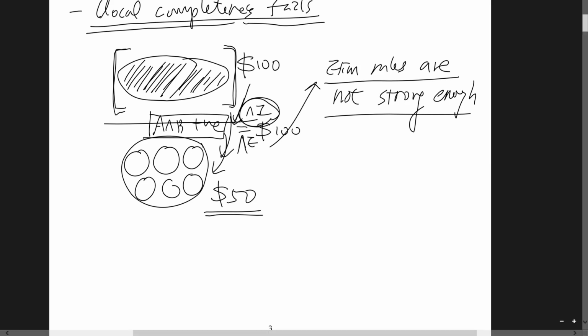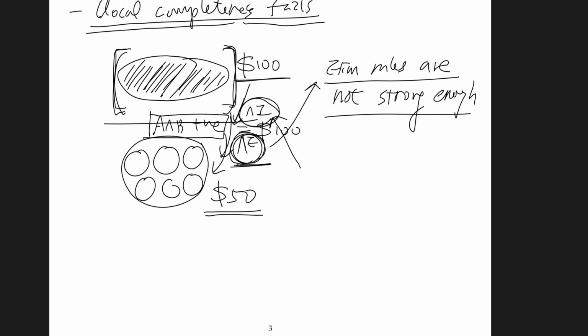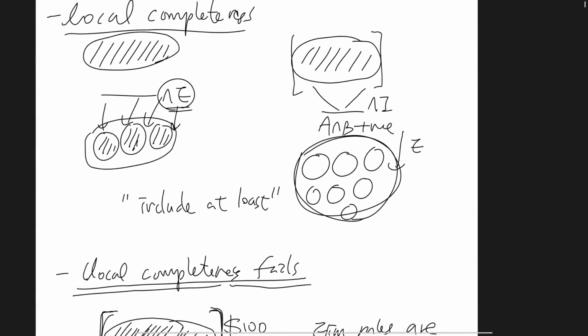Say if this conjunction elimination rule was not strong enough, then we would never get back this information worth $100. Every time you apply this conjunction introduction rule, you lose something, because you can never reconstruct part of what you started with. Okay, this is the notion of local completeness.